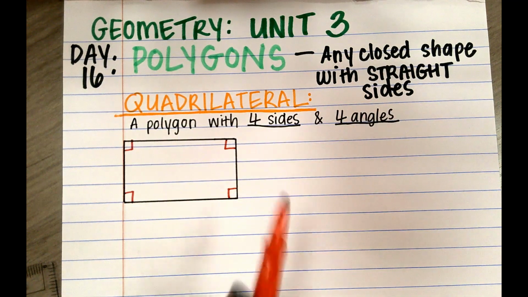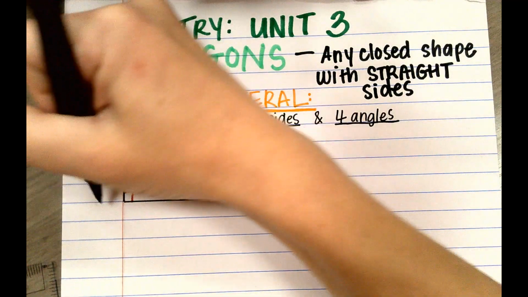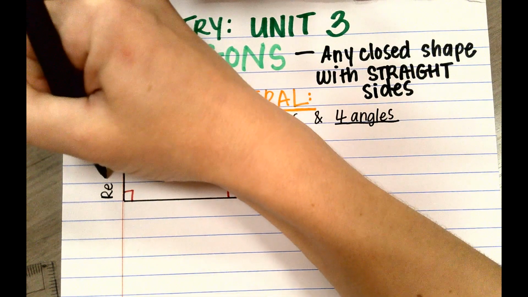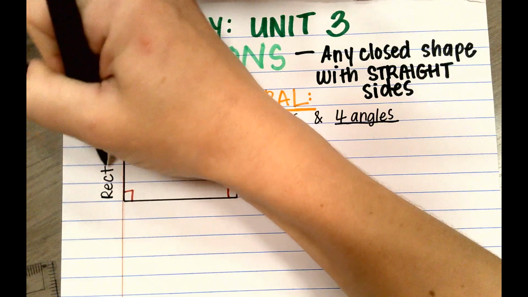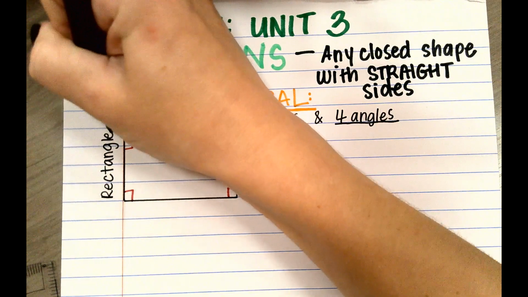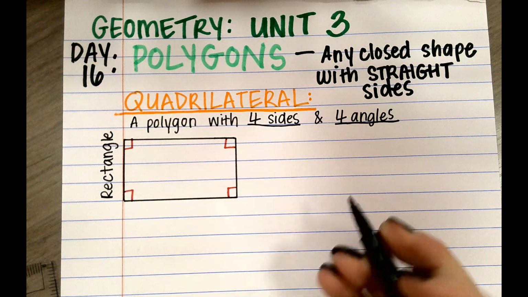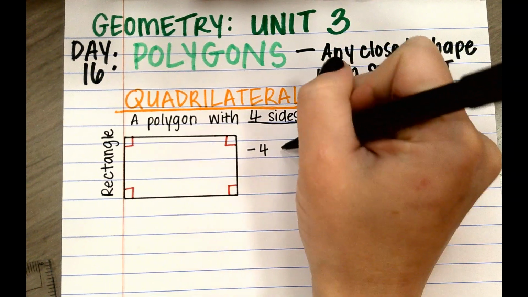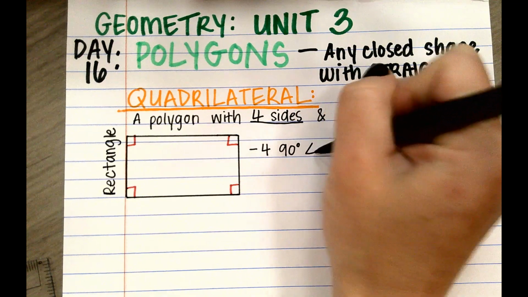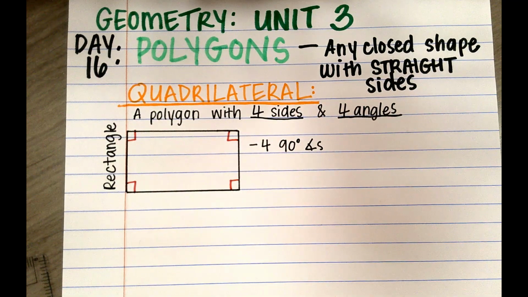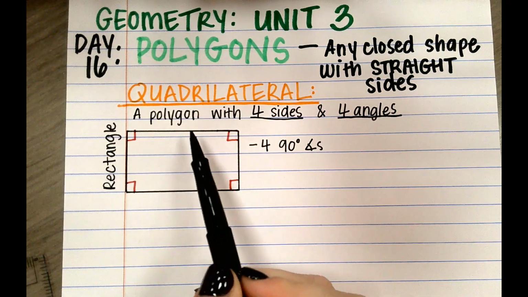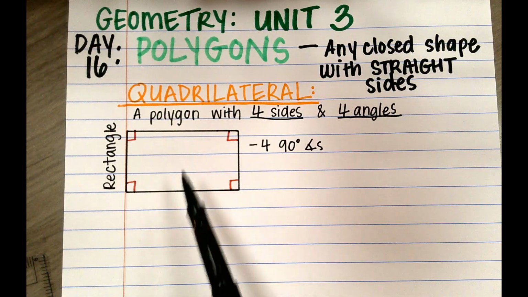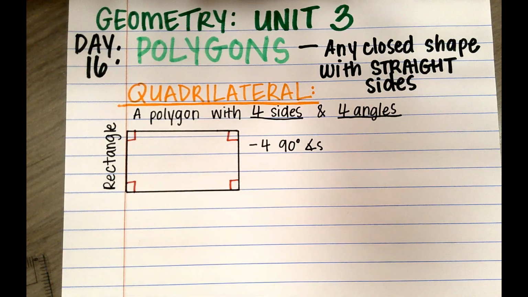This would be, like we said, a rectangle. I will label that on the side. Rectangle. So a rectangle has 4 sides, 4 90-degree angles, and something that is always true about a rectangle is that the opposite sides will be the same length always. So how can we mark that side lengths are the same?